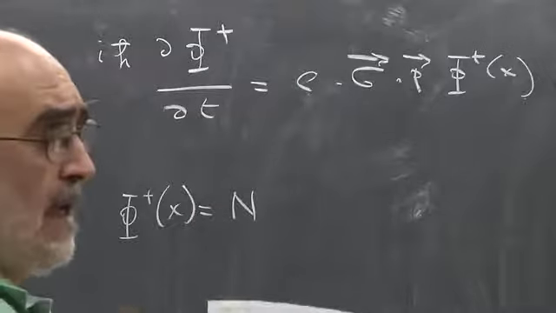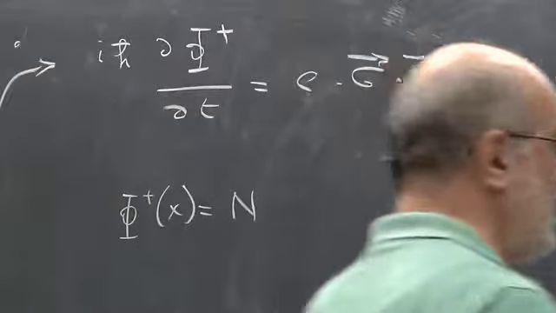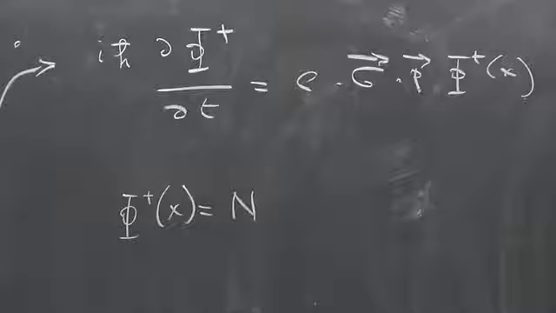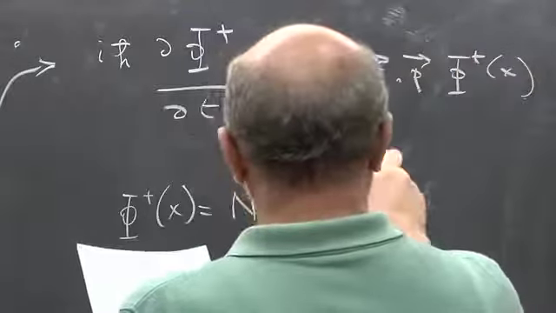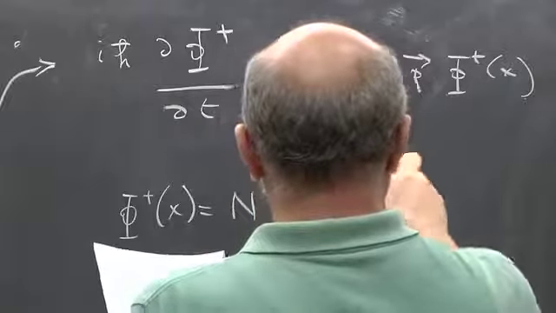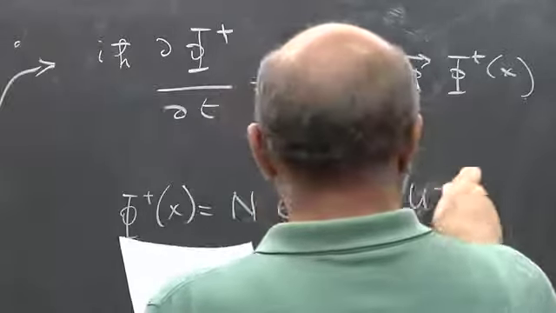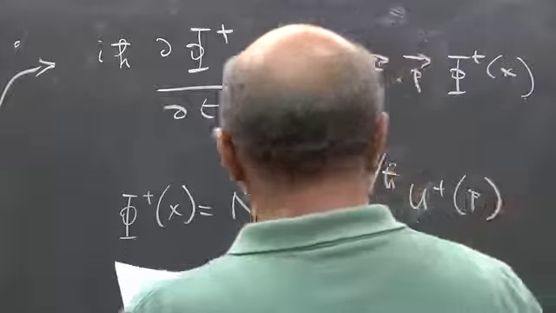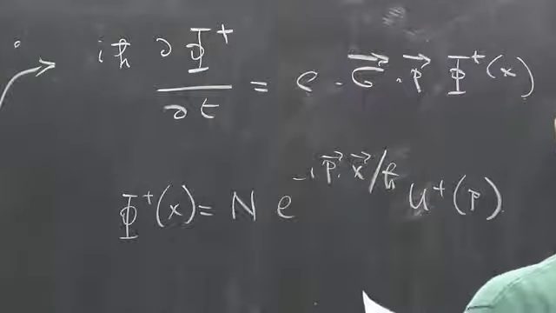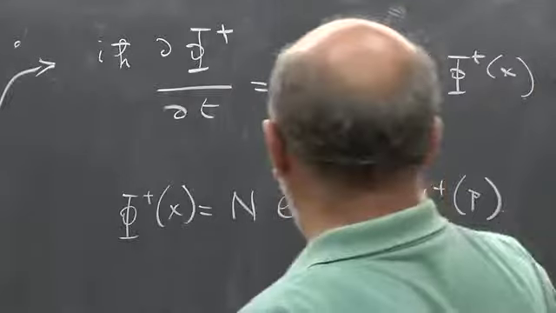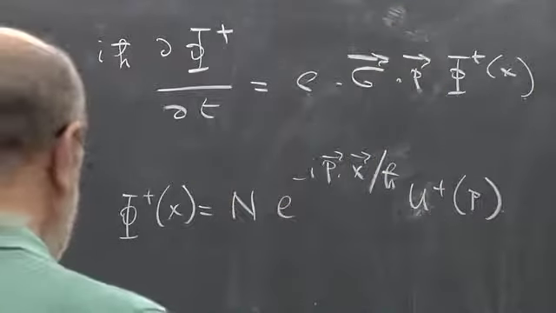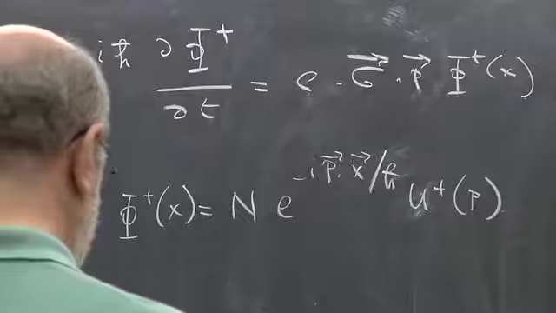I don't want to enter why, because it would become really long. Then I put exponential of minus i p·x over ħ times u+ of p. This I did for fixed p, so I choose a fixed value of p and a solution of that form.